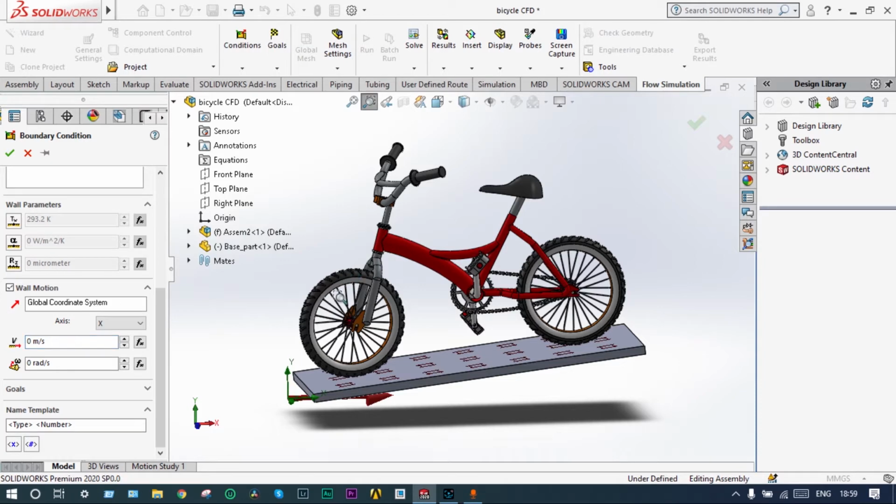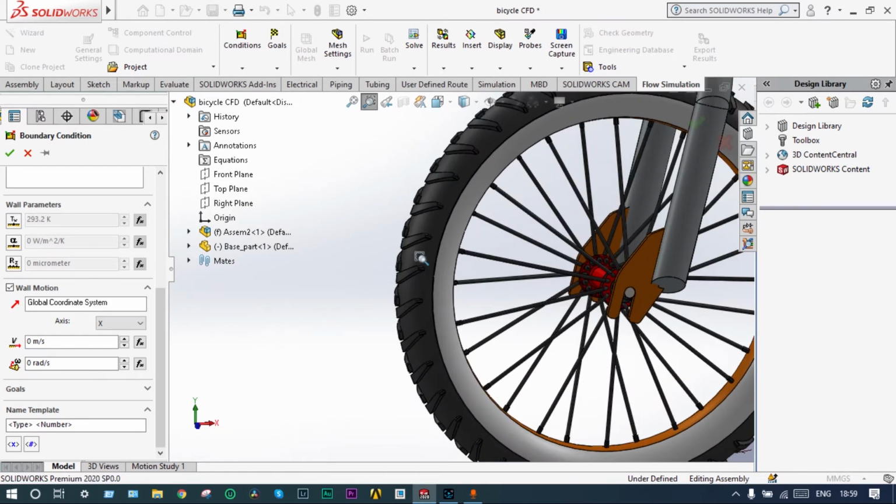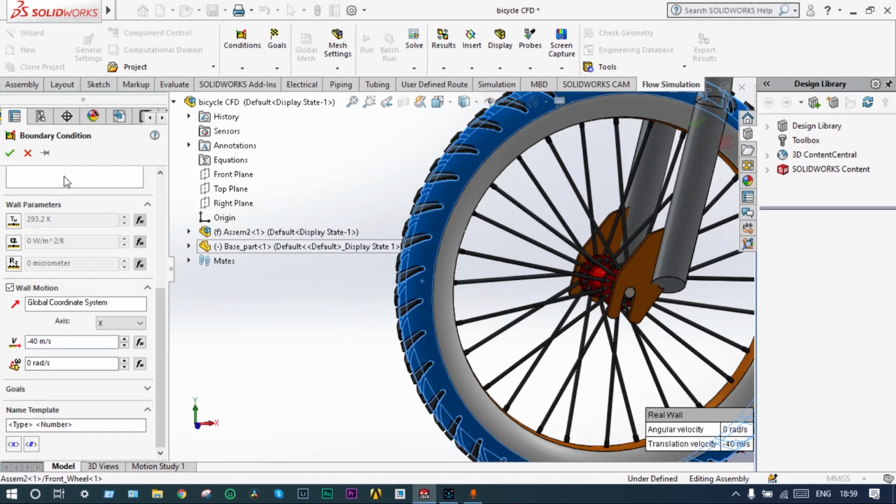As it is moving in the negative direction of the x-axis, it will be minus 40. We are considering linear velocity. We can provide angular also, we are taking minus 40 meter per second. This one done.